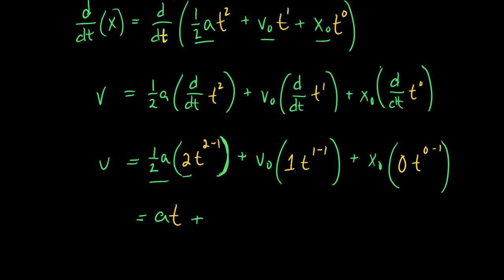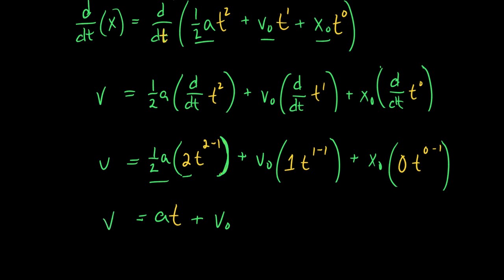Plus, what's v naught times 1? T to the 1 minus 1. It's just 1, right? It's t to the 0 power. So just 1. I'm going to leave it like that. And do you realize the last one disappears? Right? Because 0 times anything makes it disappear. So we're done.